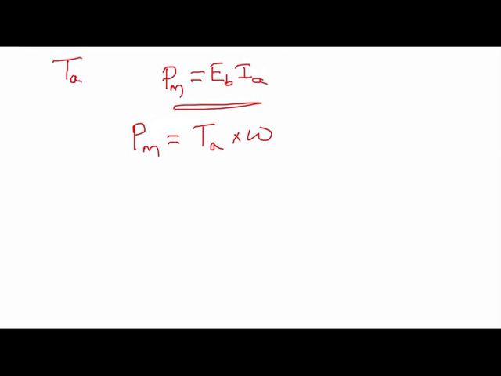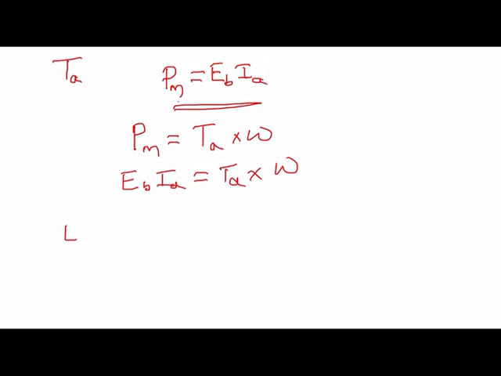Since PM is equal to TA into omega, we substitute PM equal to EB into IA, so EB into IA is equal to TA into omega.